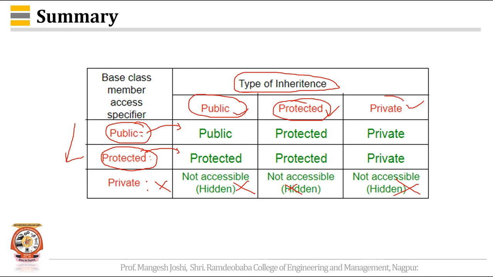If you derive the class privately, then public as well as protected members of the base class will become private members of the derived class. I hope you have understood the basic concept of inheritance. We will be seeing all the types of inheritance, that is public, protected and private inheritance, with the help of coding in the next video.